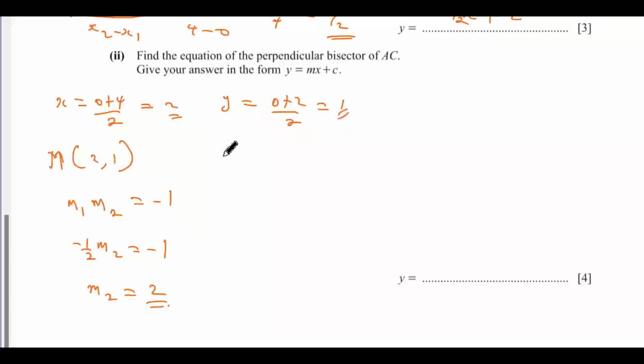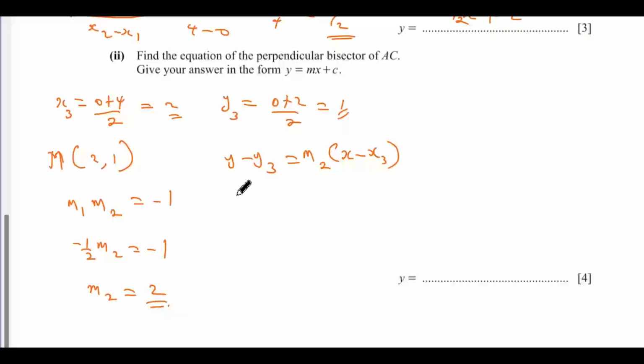So we can denote this point to be x3 and y3. The equation will now be y minus y3 equals m2, that's the gradient of the perpendicular bisector of AC, into x minus x3.